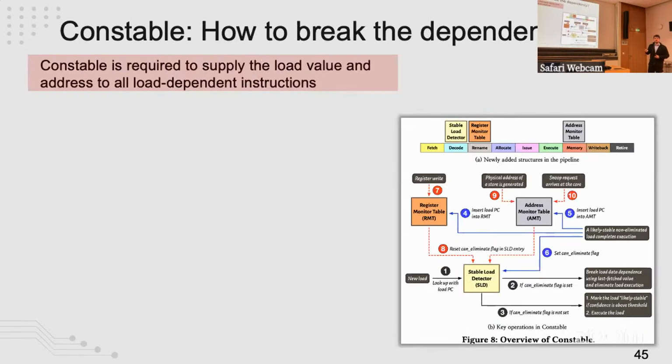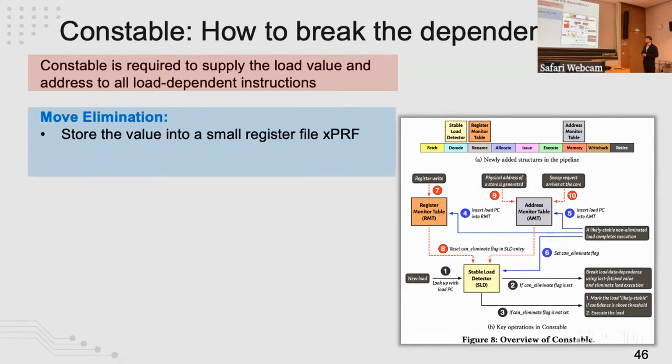However, besides needing to identify the likely stable loads, which I explained in the previous slides, we also need to break the data dependency and supply the load value and address to all the load dependent instructions. For this, the authors of this paper used a well-known technique called mover elimination that is also used in other papers.